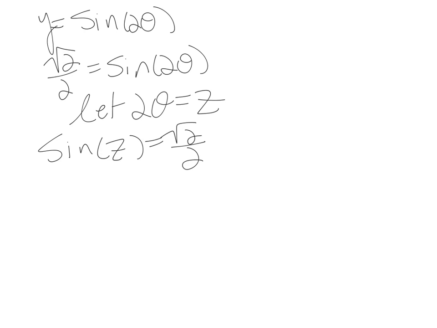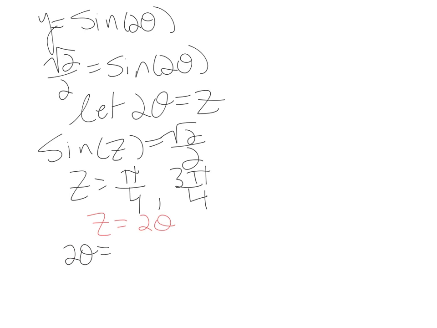And so we know here that z would be pi over 4 and 3 pi over 4. But remember, z was 2 theta. So 2 theta equals pi over 4 and 3 pi over 4. But we want to isolate theta. We don't want it to be 2 theta.